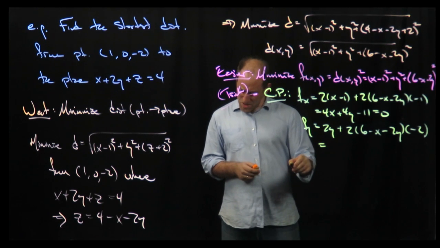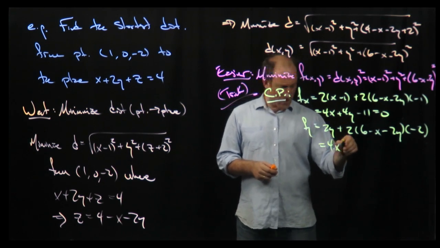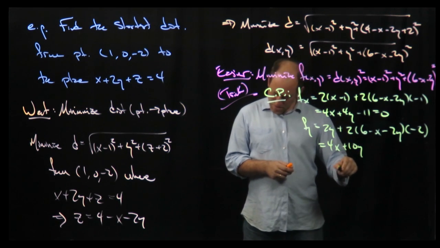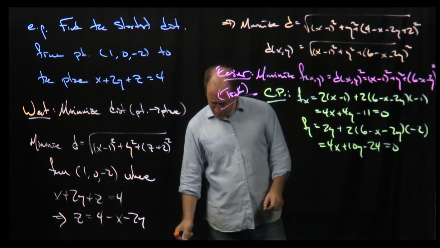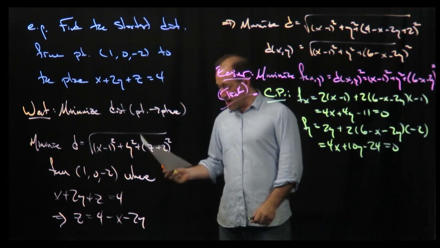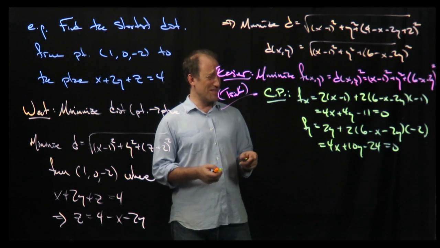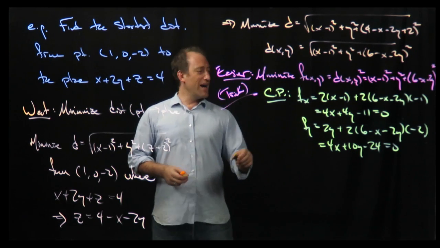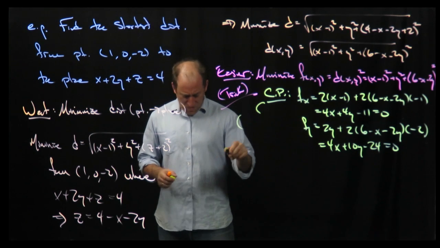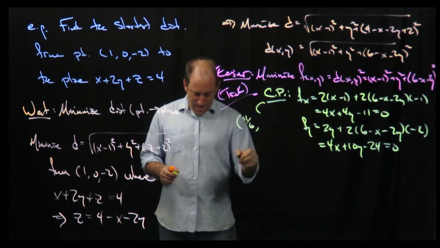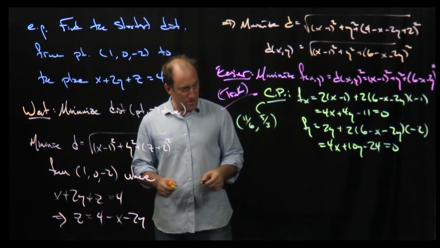This then becomes 4x plus 10y minus 24 is 0. And yeah, if I trust my writing, which I did before, so it's a bit more trustable, I get critical point x will be 11/6 and y will be 5/3.